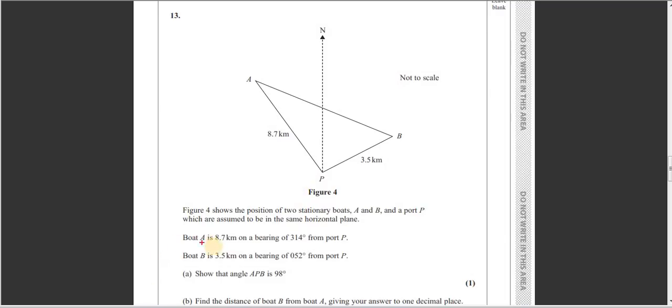Okay, so this is the boat A and boat B, and P is the port. The distance is 8.7 km, which is given in the diagram, but bearing 314 from P. That means this is P, and this is the angle they are talking about, 314. And boat B is 3.5 kilometers at the bearing of 52.